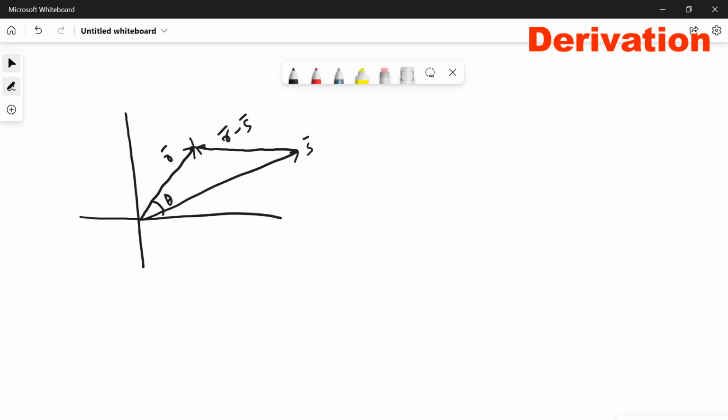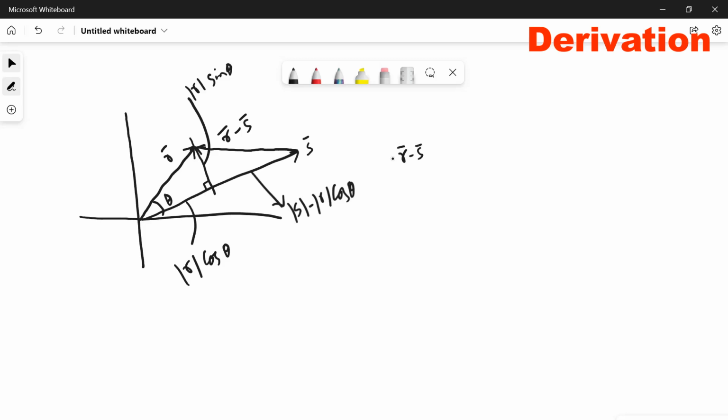Let us understand that the angle between these two vectors is theta. Let us draw a perpendicular line on s, and this part is r mod cosine theta, and this part is r mod sine theta, and this part is s minus r cos theta.